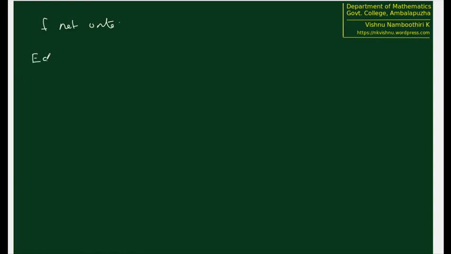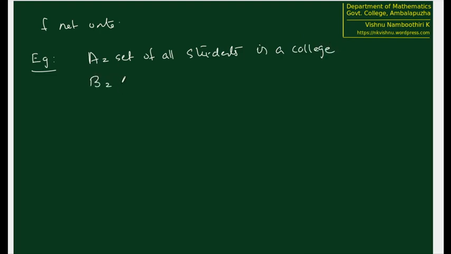On the other hand, suppose A equal to the set of all students in a college and B equal to the set of all classes.